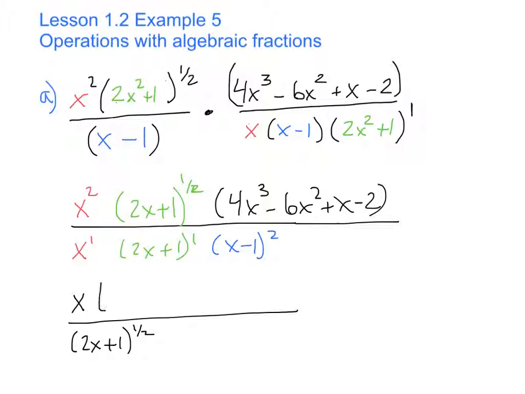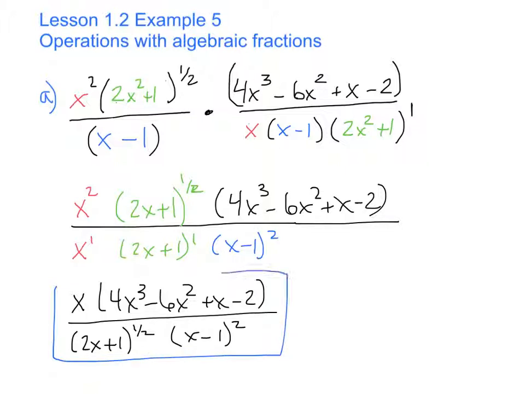There's nothing to cancel with the 4x cubed minus 6x squared plus x minus 2, and likewise with the x minus 1 squared term. So that's another way to look at how this expression was simplified.